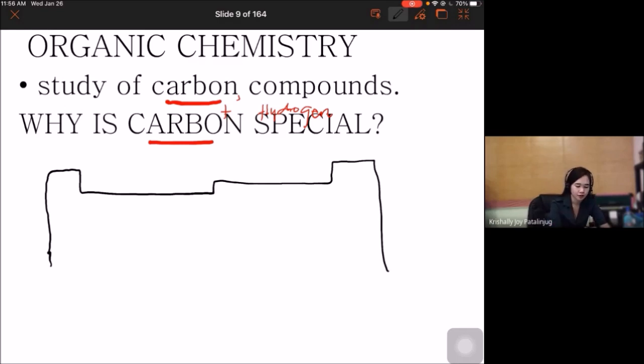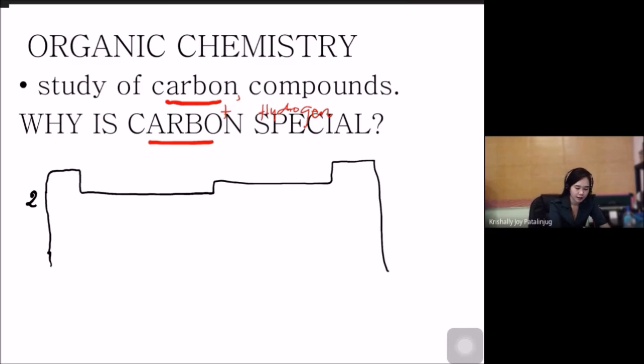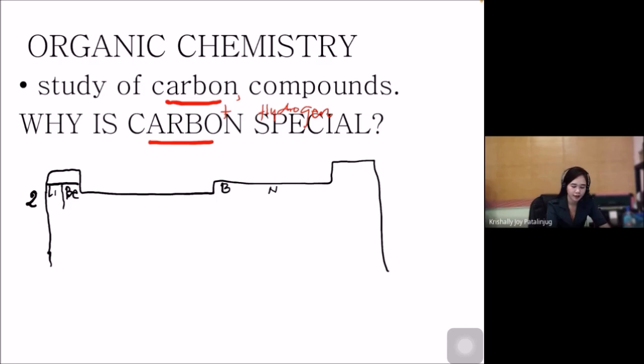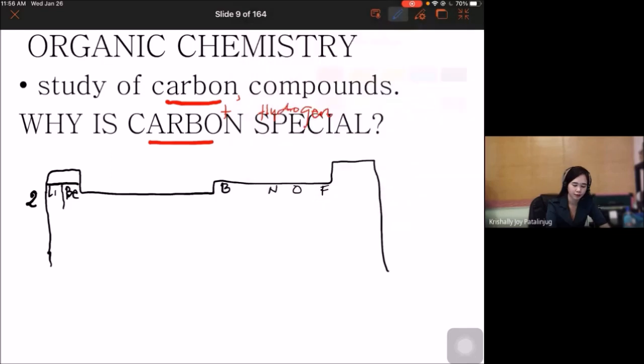If you check your periodic table, you will see it in period 2. It is in the middle of lithium, beryllium, boron, and then nitrogen, oxygen, fluorine. So carbon is here in the middle.